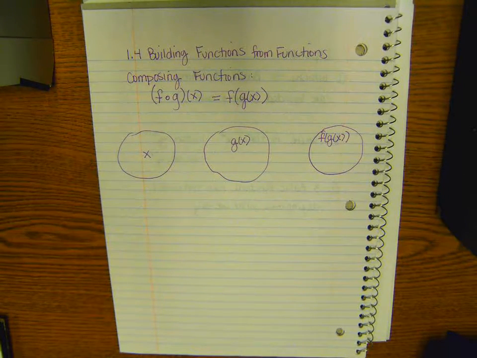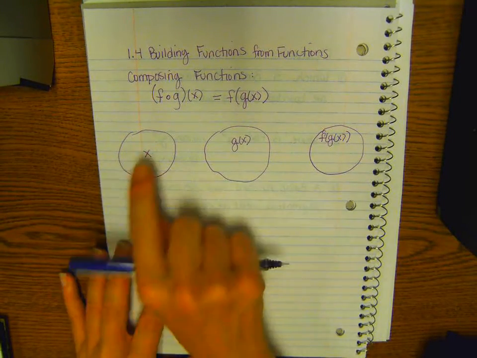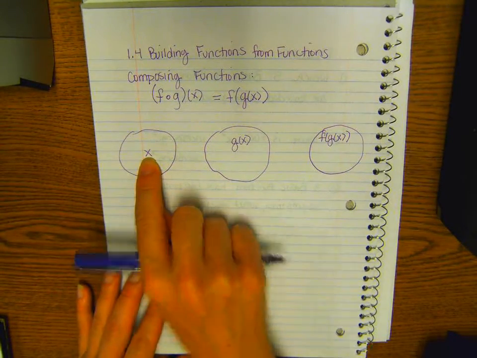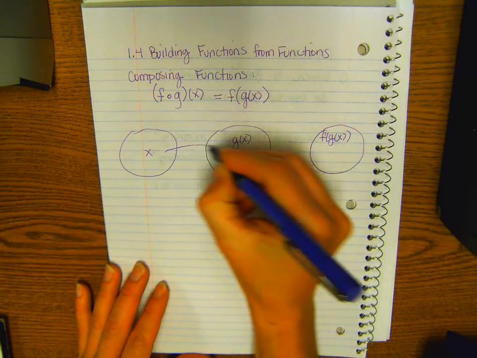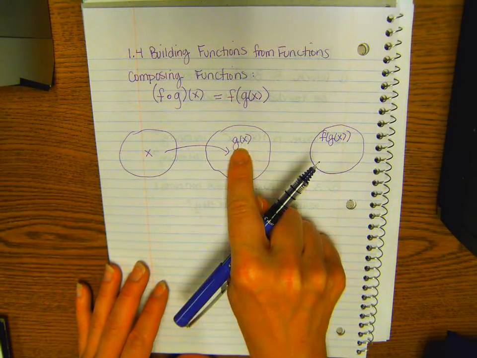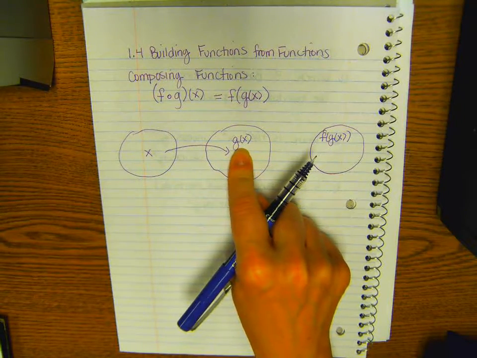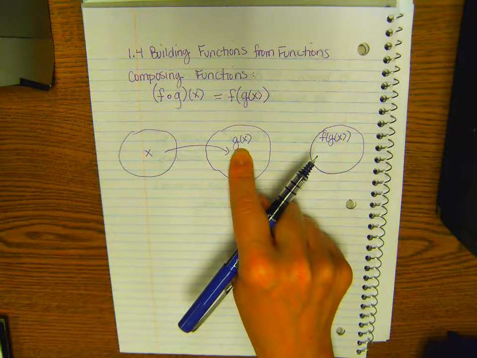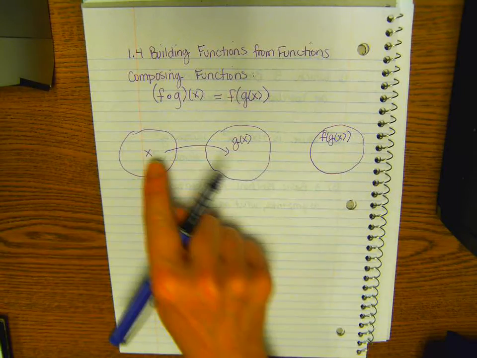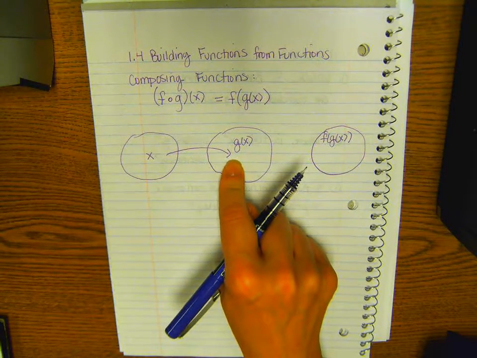So really what happens, if you were doing the math part, is you take some x value, let's say it's 2, and then you're going to put it into the function g. G is going to output something, agreed? Okay, let's say g was x squared, okay? And let's say I put 2 in. What would it output? 4.